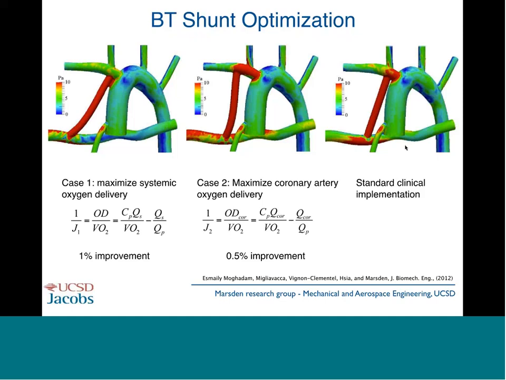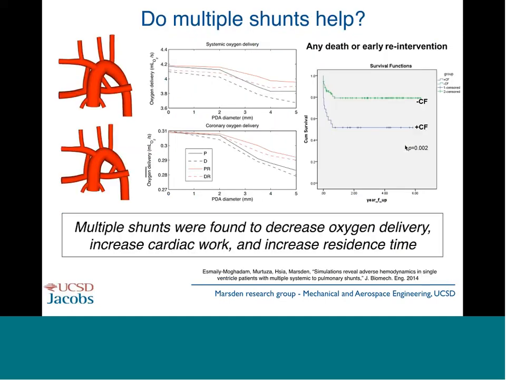We then examined another option, which is actually one that's performed at many leading centers, and this is the idea of implanting a second shunt. So you can see here the VT shunt, and there are 2 options for providing an additional source of pulmonary blood flow. So that's by doing a central shunt or by leaving the ductus arteriosus patent at the time of surgery.